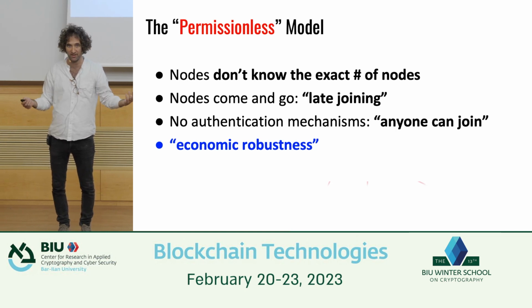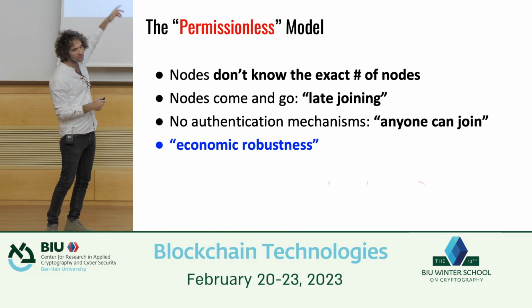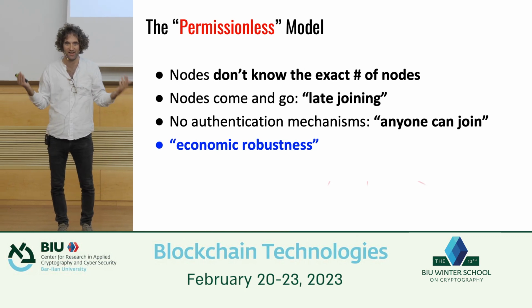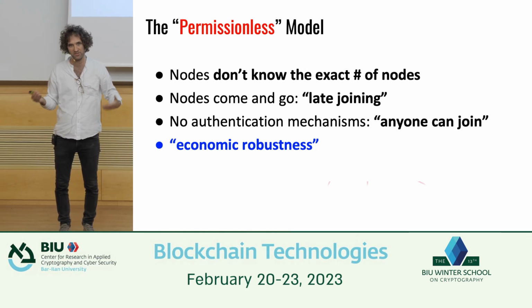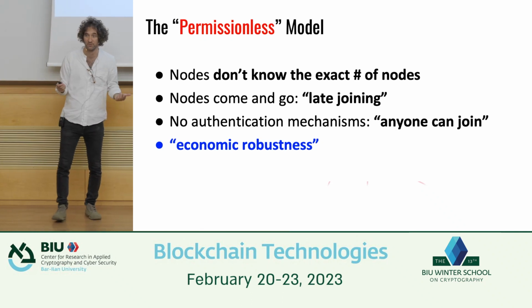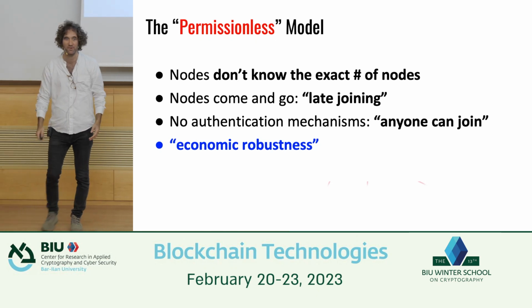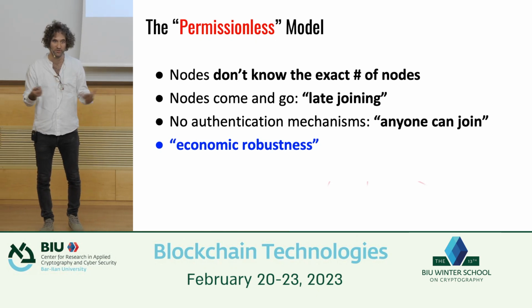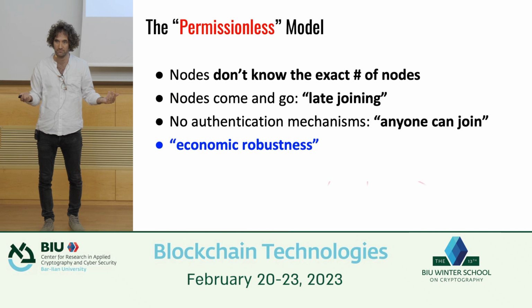So nodes are coming and going. We don't know how many are there. And finally, we have this important anyone-can-join property, which typically is thought of as saying there's no authentication mechanism. We have no way of checking if somebody can join, and that's why anybody can join. And that's why it's called permissionless. No authentication needed to join.